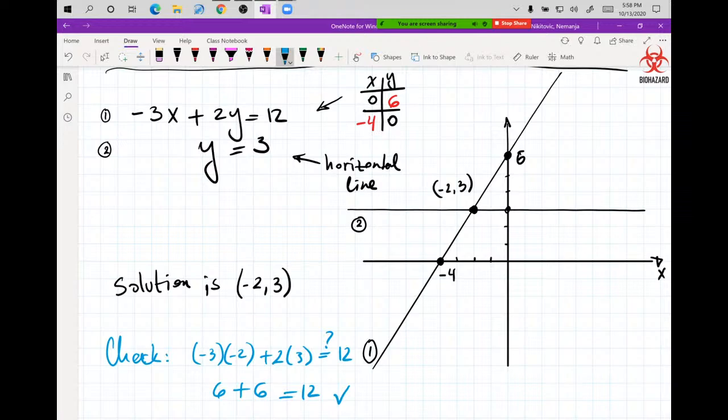We took the solution and plugged it back into both equations. Now the second equation, y equals 3, and we can see that y is 3. So there is nothing to check in the second equation. But the first equation was a calculation, and we were able to come up with 12 equals 12, which means that because the point works in both equations, this problem is solved correctly.